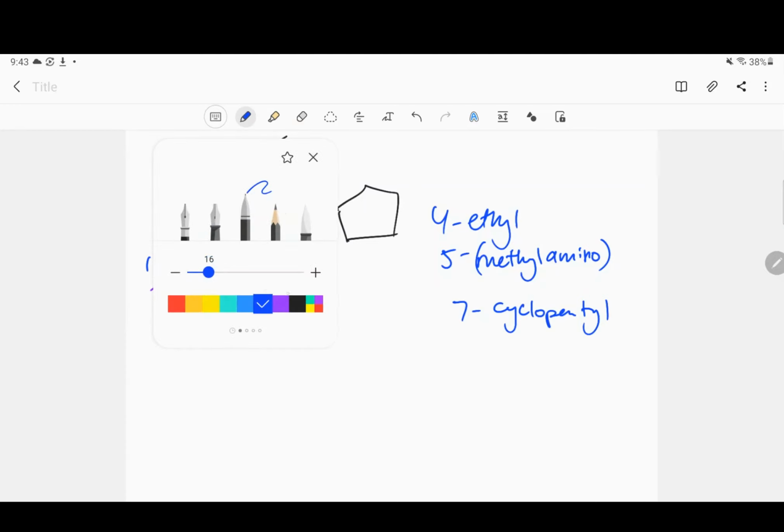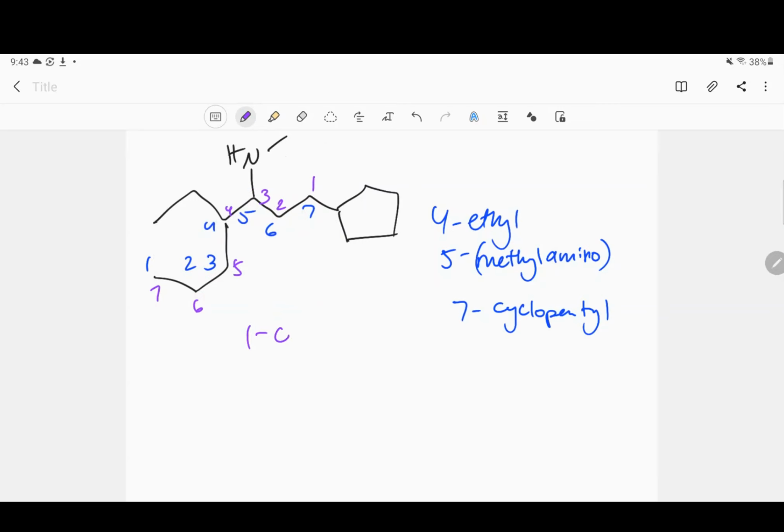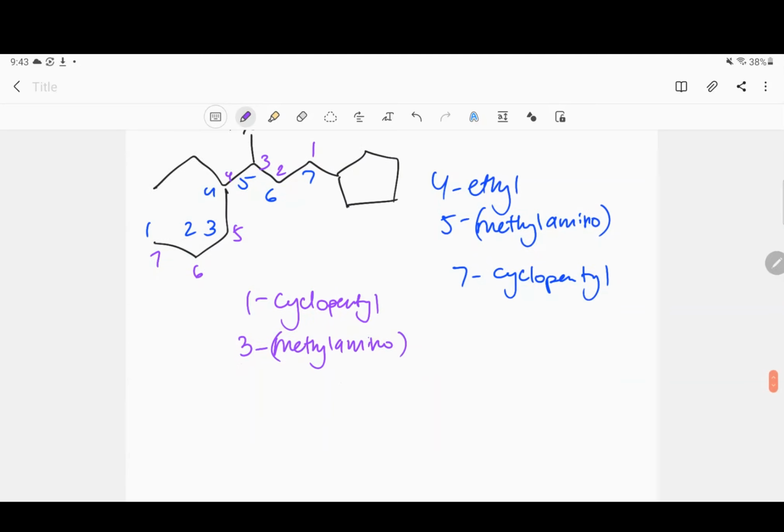If we do it the purple way, we have 1 cyclopentyl, 3 methylamino, or just amino, it depends which way we're going to name it, and then 4 ethyl. So if we look at the numbers, the purple ones are going to give us the lower numbers.